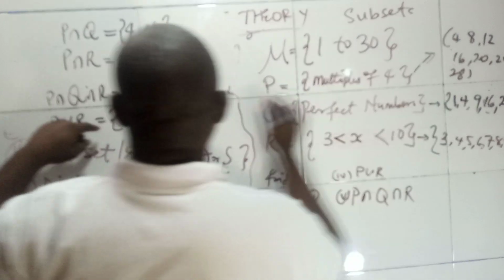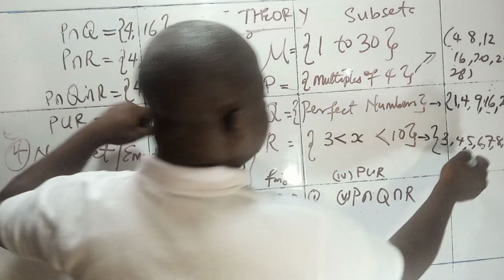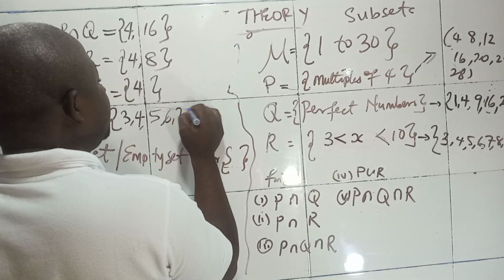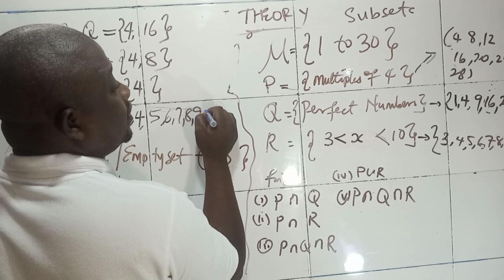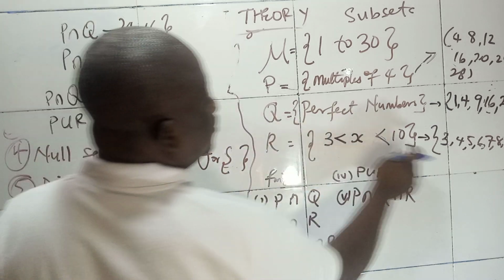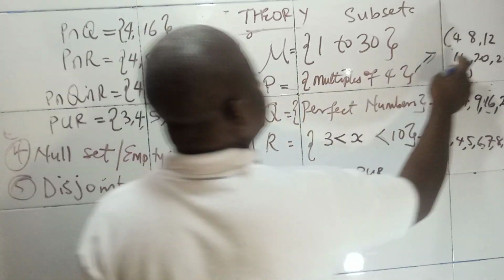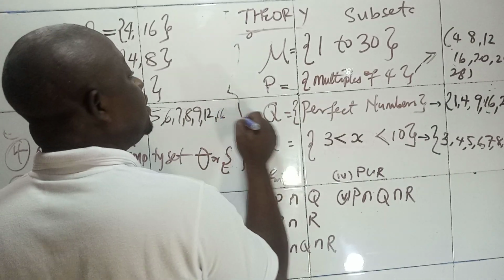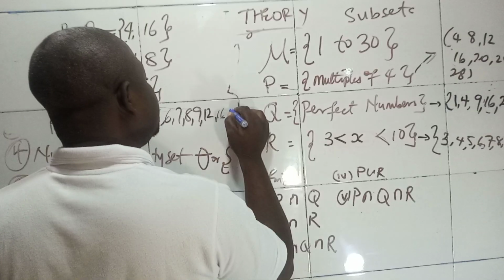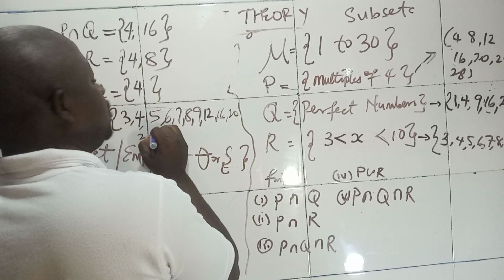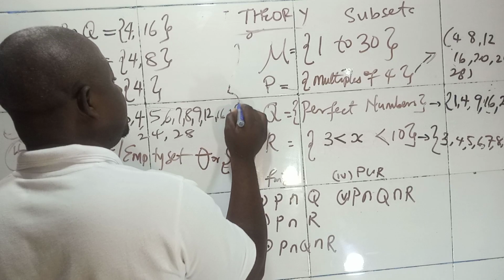You can see 5. Can you see 6? Yes. 7, 8, 9. So there is no 10. The next number you're going to see is 12. The next number is 16. The next number, 20. The next number, 24. Next number, 28.